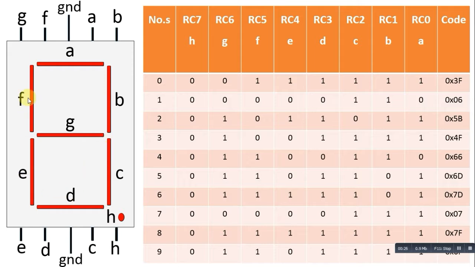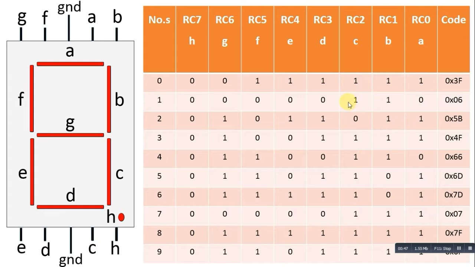For that I have to provide logic 1 to the A, B, C, D, E, F pins. If I want to display 1, then I have to glow the B and C LEDs, so I have to provide logic 1 to the B and C pins.